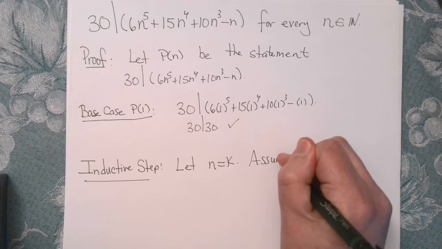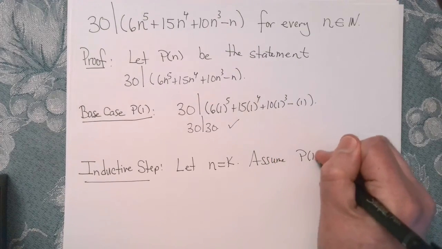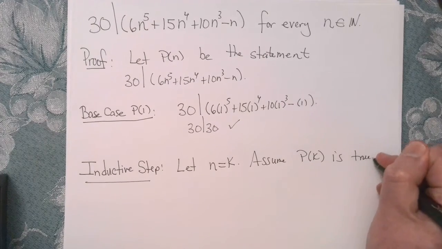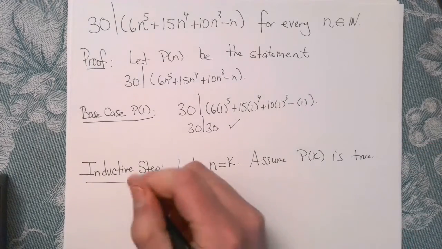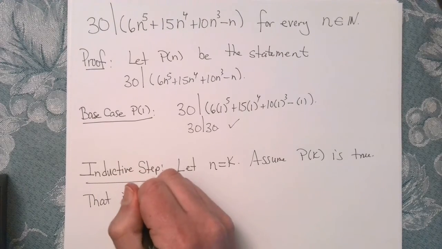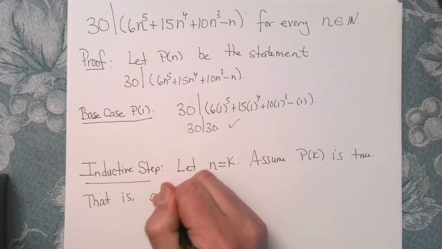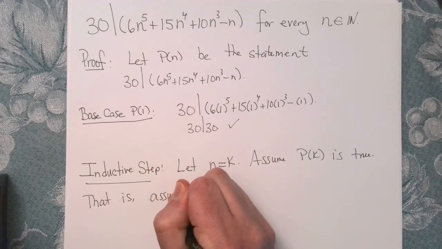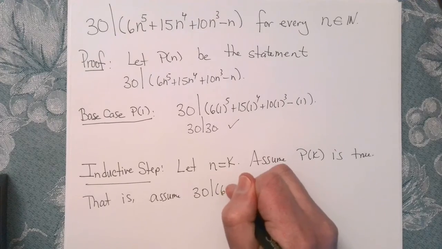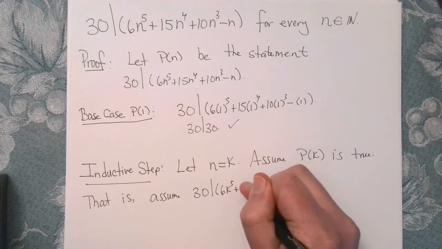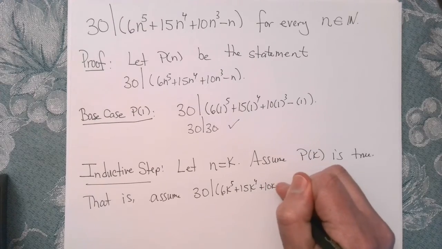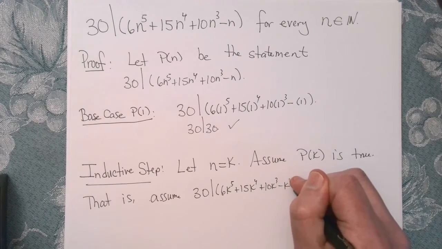So what do I mean by that? Well, that is, assume that 30 divides 6k to the 5th plus 15k to the 4th plus 10k cubed minus k.